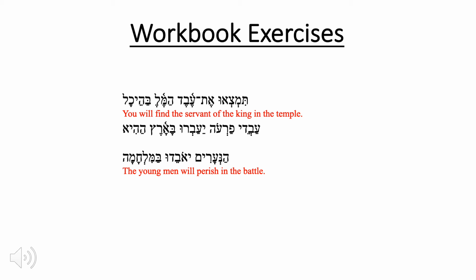So there, instead of having an I-class vowel under the yod and the O-class vowel over the bait, instead we have an O-class vowel over the aleph and a seire under the bait. Yo vedu. We then finish with in the battle. The definite article is underneath the bait preposition, malchama. We see that then the young men will perish in the battle.